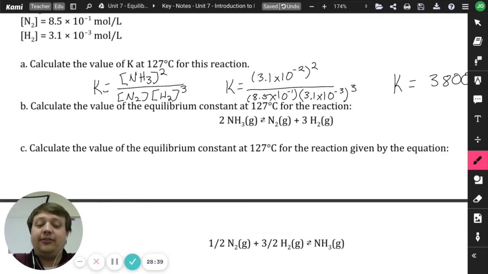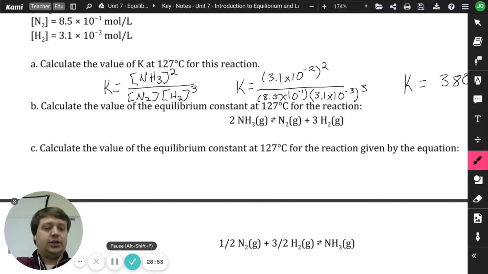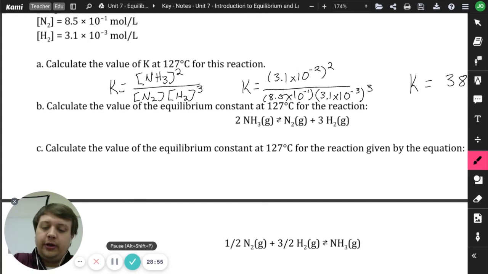Now, the next thing it asks us to do is to calculate the value of the equilibrium constant at 127 degrees Celsius for the reverse reaction. Well, all we did was reverse the reaction, right? So when we reverse the reaction, we know that the Kc of my reverse reaction equals 1 over my Kc.